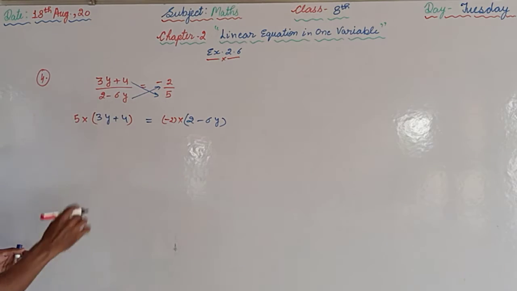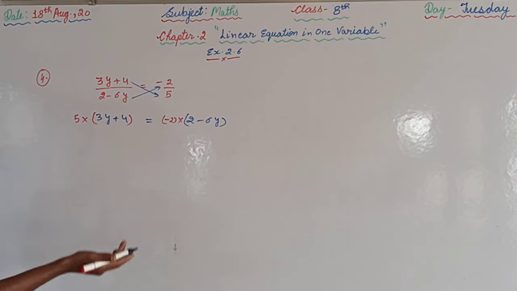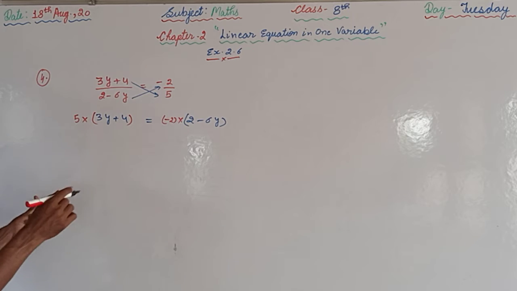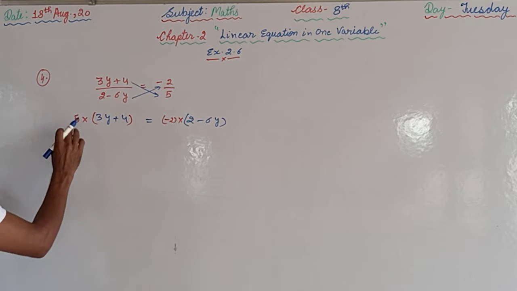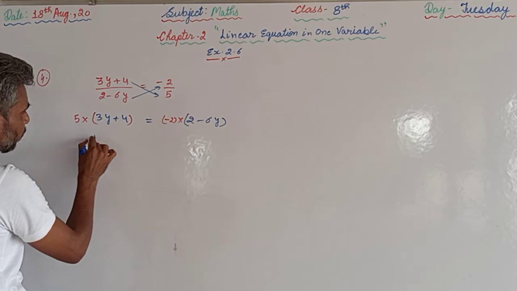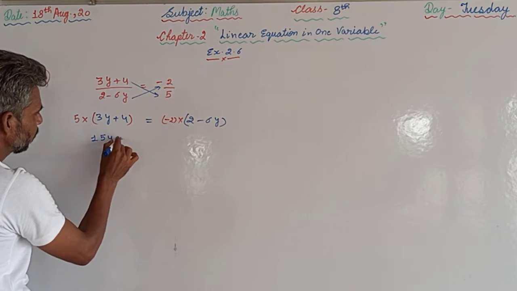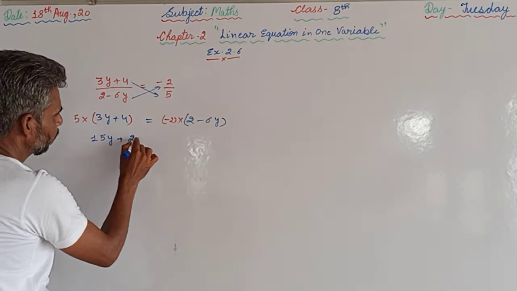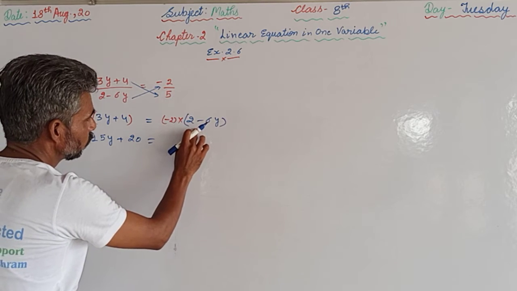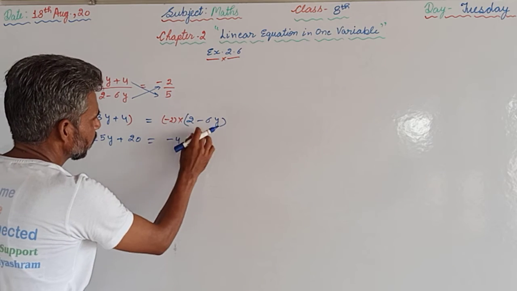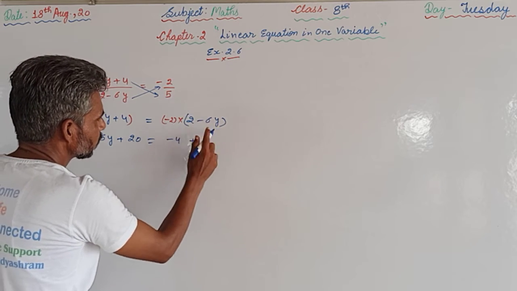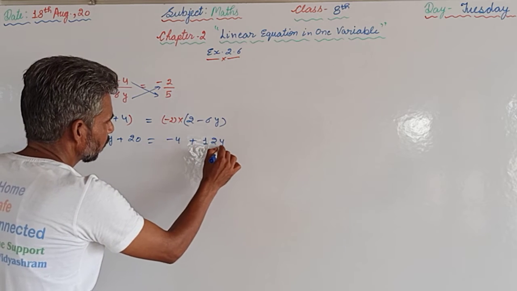Here we are not supposed to reverse the sign because we are not transferring the terms from one side to another. So now we will write 5 into 3y, 5 3s are 15y plus 5 4s are 20, minus 2 into 2 minus 4, minus minus plus, 2 6s are 12y.